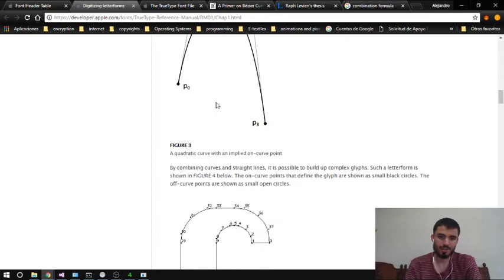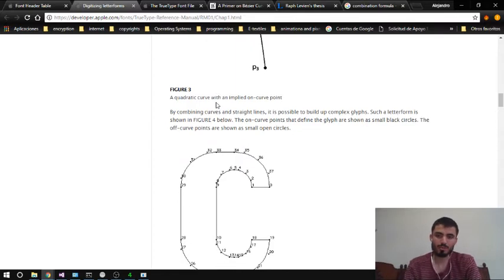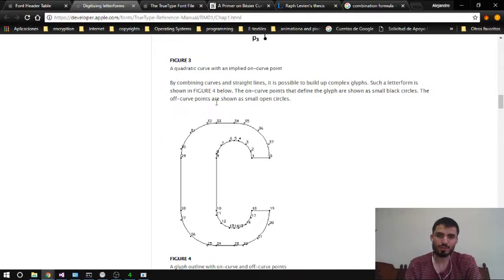Okay. By combining curves and straight lines, it is possible to build up complex glyphs. Such a letter form is shown in figure 4 below. The on-curve points that define the glyph are shown as small black circles.